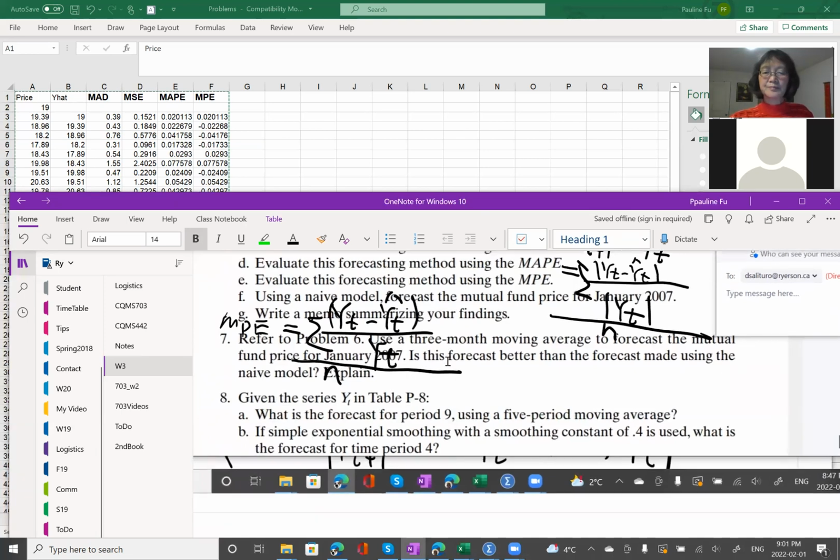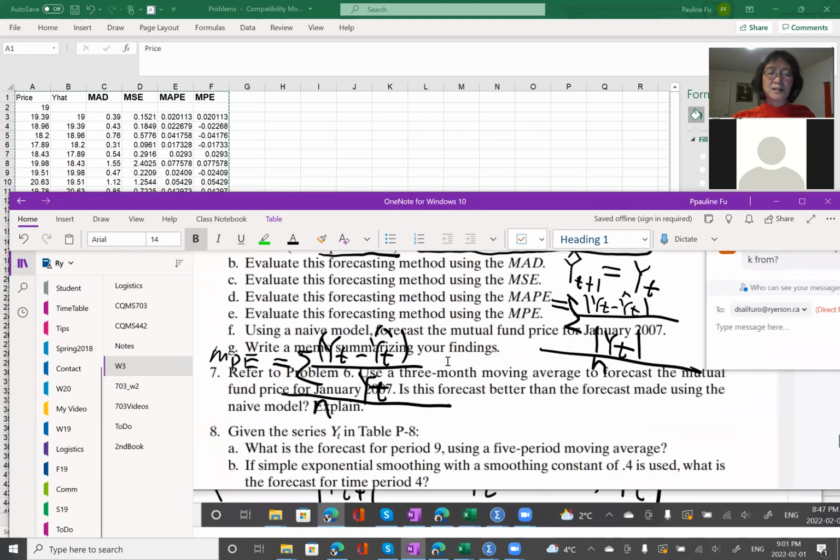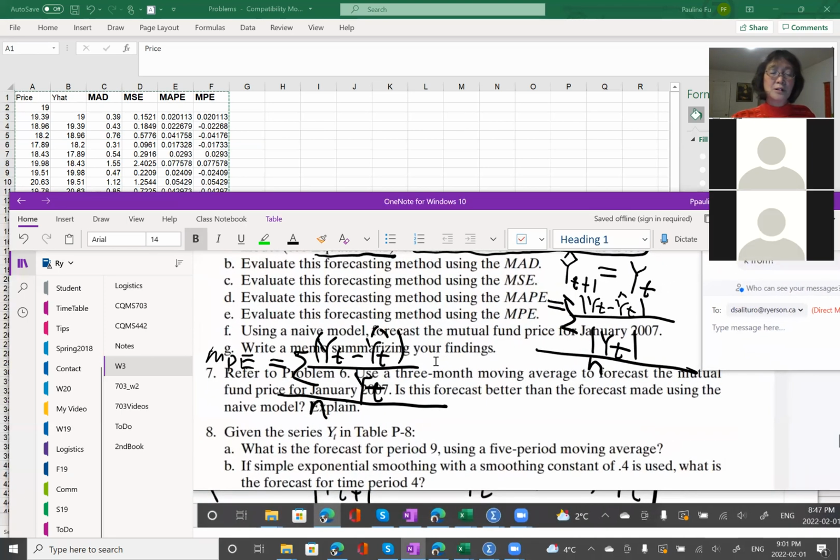Question 7. And sorry, can we go back to number G? What would be expected for a memo summarizing this? Write a memo, summarize your findings.